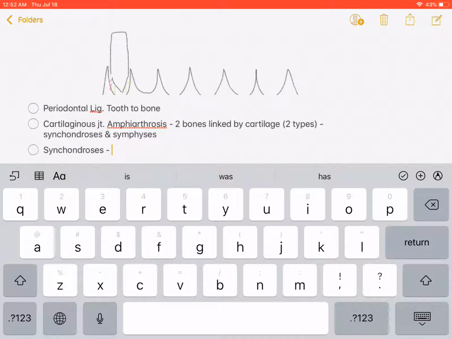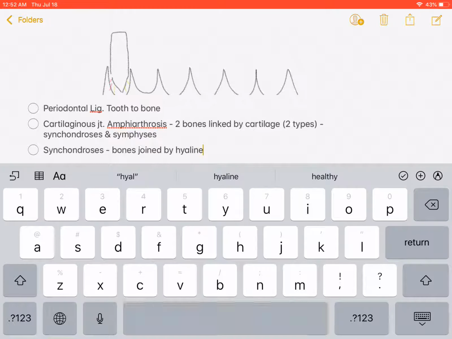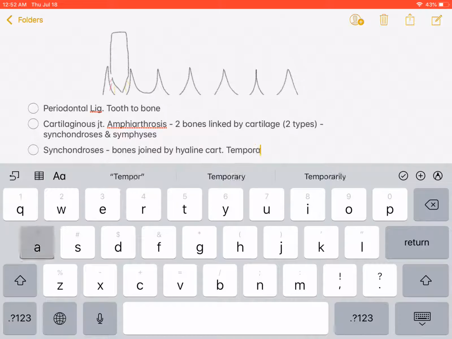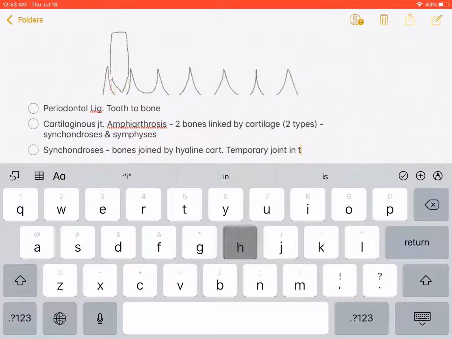These are bones joined by hyaline cartilage. It's a temporary joint in the epiphyseal plate, okay? So bones joined by hyaline cartilage, and it's a temporary joint in the epiphyseal plate.